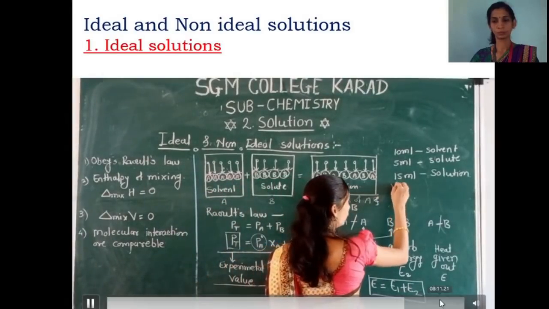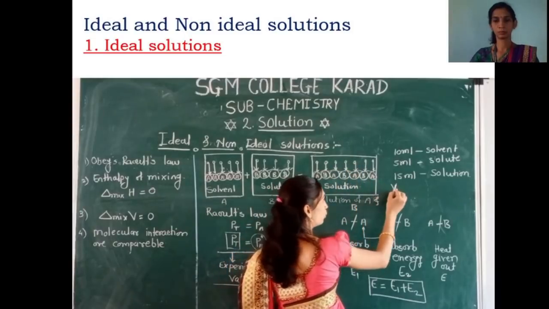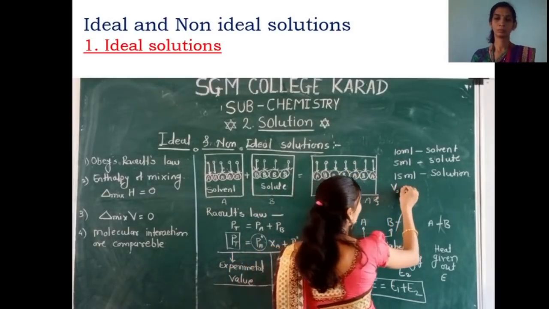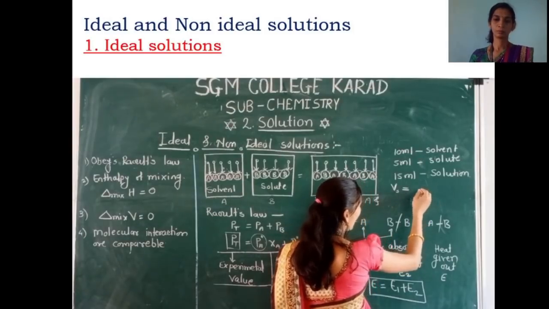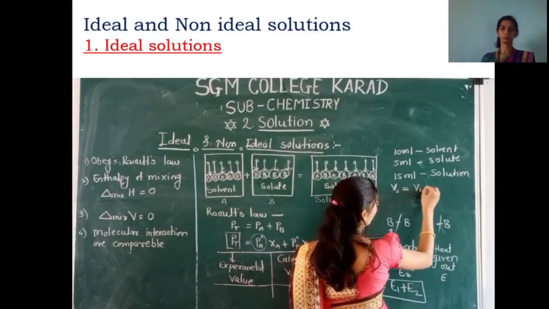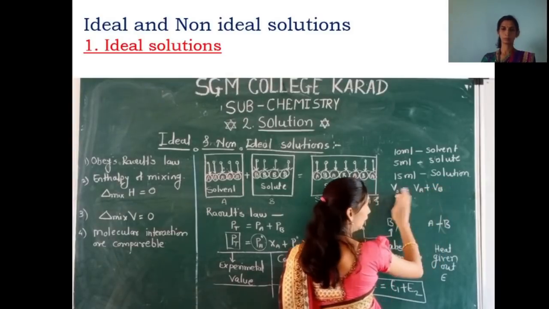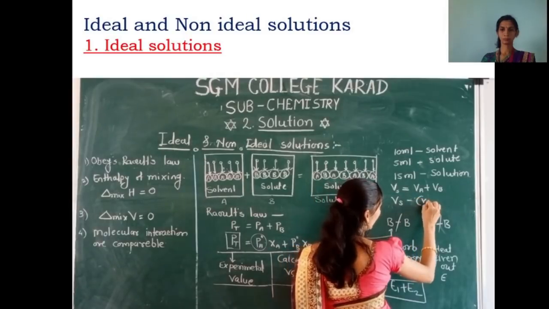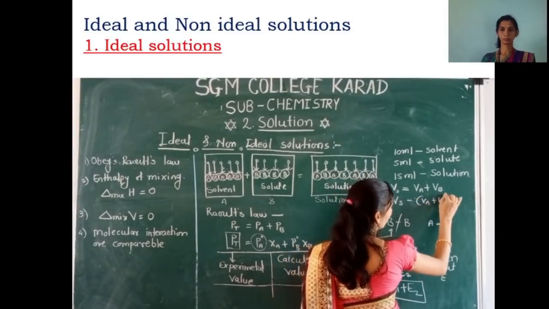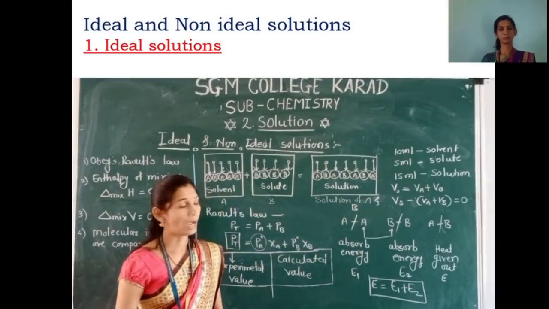See here, the value of V, that means volume of solution, we write it as Vs, is equal to the addition of V1 or Va plus Vb. If Vs minus Va plus Vb is equal to 0, then that solution is our ideal solution.